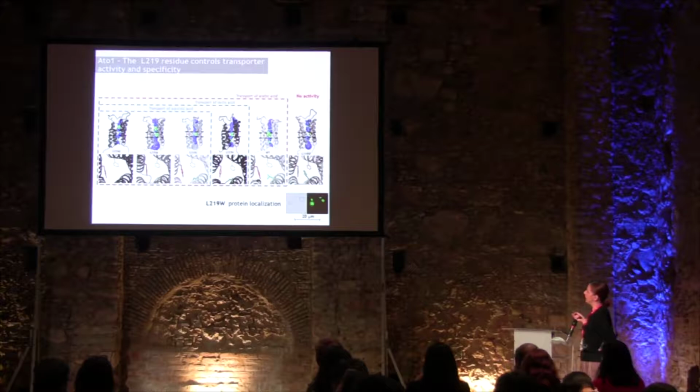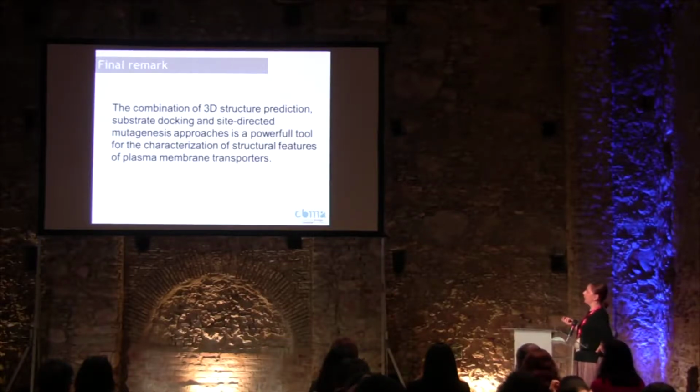And then here we have a complete decrease. We don't see any activity when the residue is much bigger, although the protein localization was completely correct, so we did not affect protein expression.